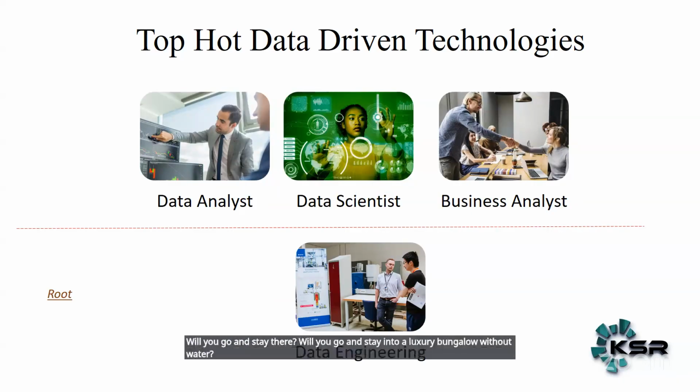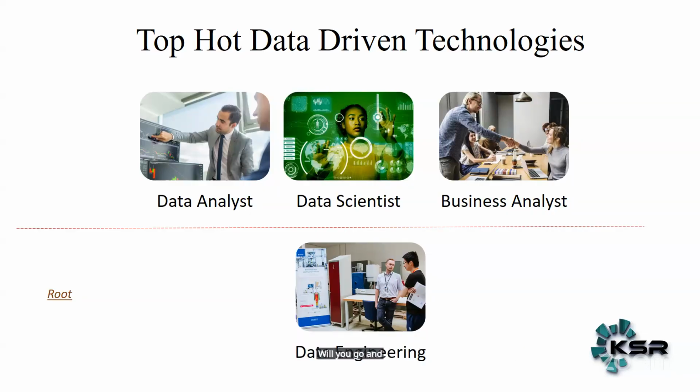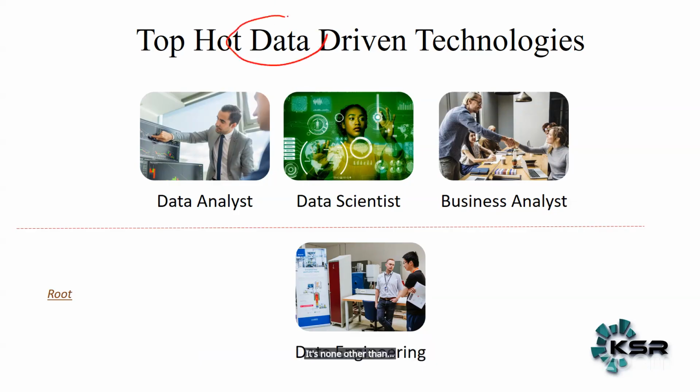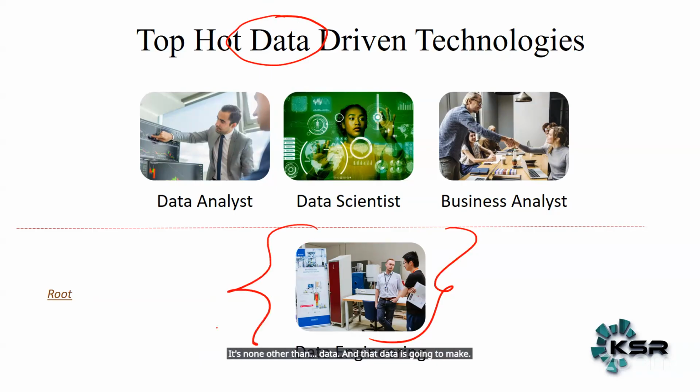No. Will you stay in a normal 2 BHK house with 24/7 water? Yes. So what is important here? Water. So for all of these roles, what is important? It's none other than data. And the one who is going to make that data available for us is none other than data engineers.